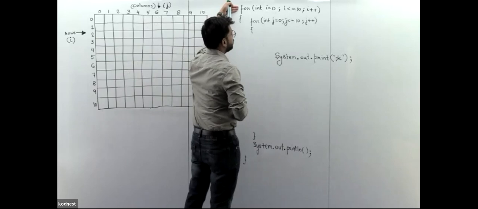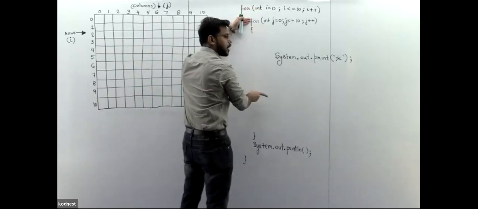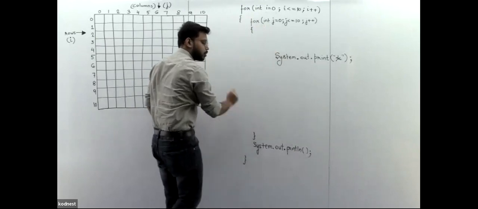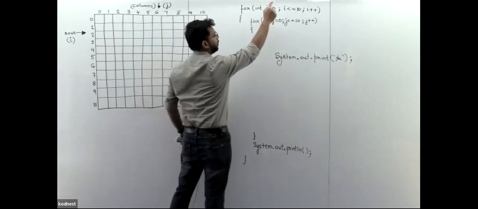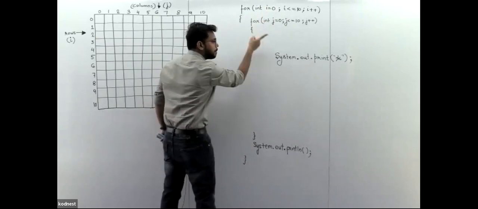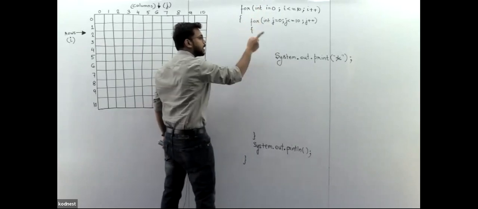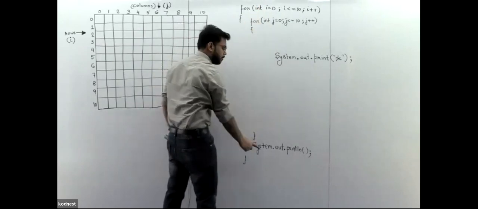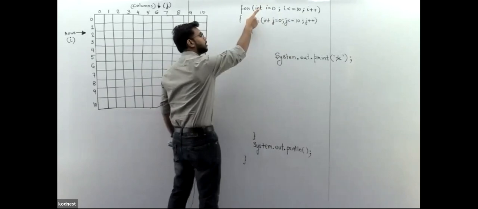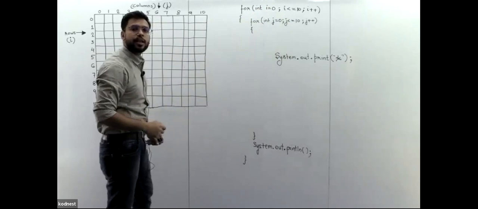For the 0th row, 11 times star will be printed, the cursor will go to the next line. For the first row, 11 times star will be printed, next line. For the second row, 11 times star will be printed, cursor will go to the next line. For the third row, 11 times star will be printed, cursor will go to the next line.